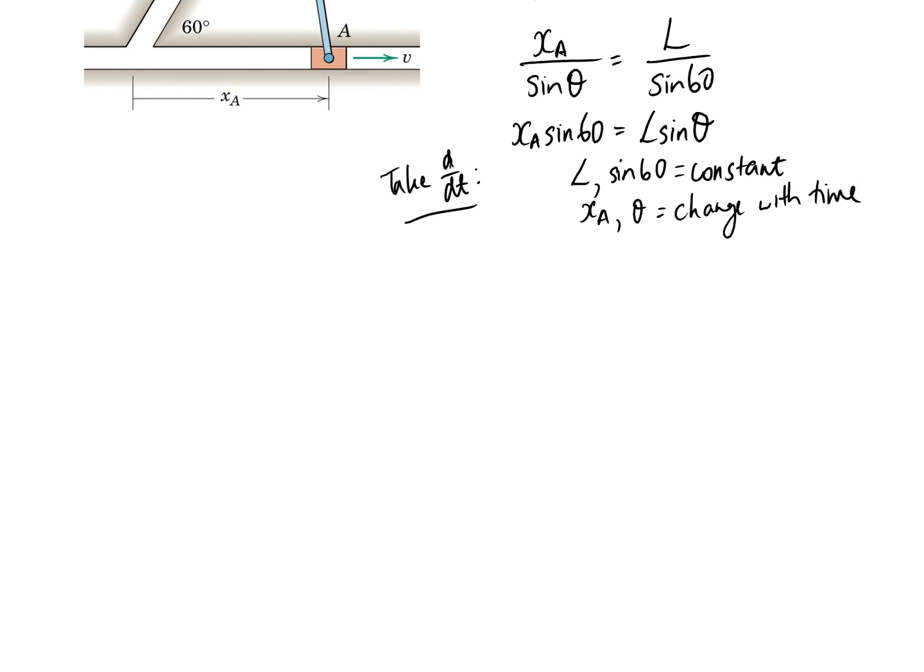Alright, so taking the derivative with respect to time, sine 60 is obviously constant, so I'll put that out the front. And the derivative of XA with respect to time is just going to be XA dot. On the right hand side, L is a constant that's not changing, so we can leave it out the front. The derivative of sine theta is going to be cos theta.